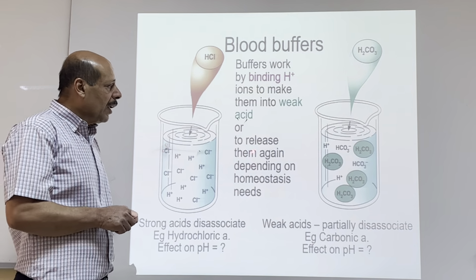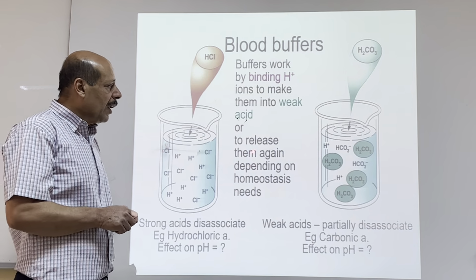If the pH is going toward acidosis, the hydrogen ions will be taken up by bicarbonate, and by that it will decrease the number of free hydrogen ions in the blood and decrease the acidosis. If it is going toward alkalosis, there will be dissociation of more acid, changing them into a strong acid.